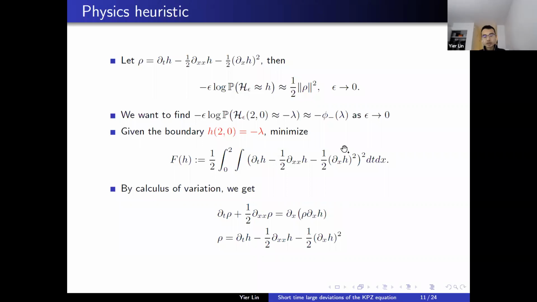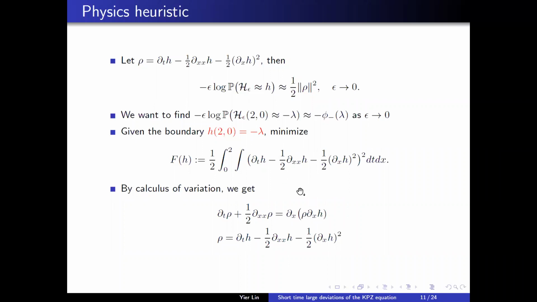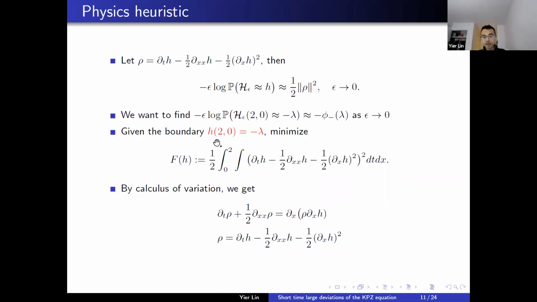And you also need to set your rho at 2 to be a delta function, which I did not show you. Actually, your h also needs to satisfy the boundary condition of the KPZ equation, because h is the trajectory of the KPZ equation, so it's a narrow wedge.